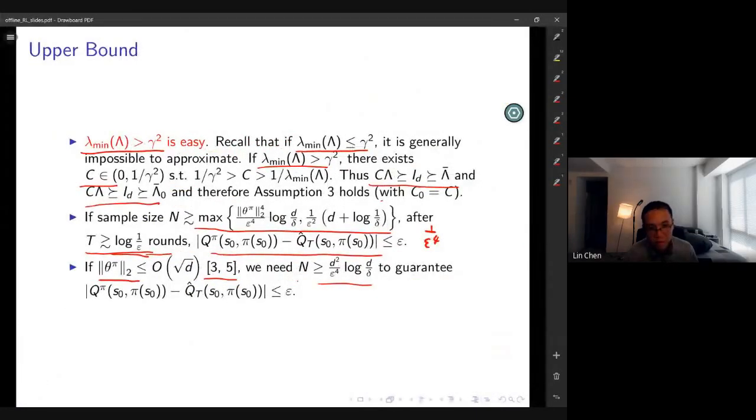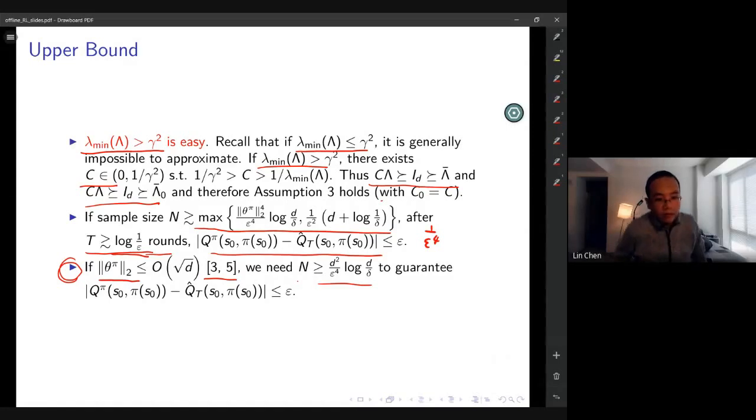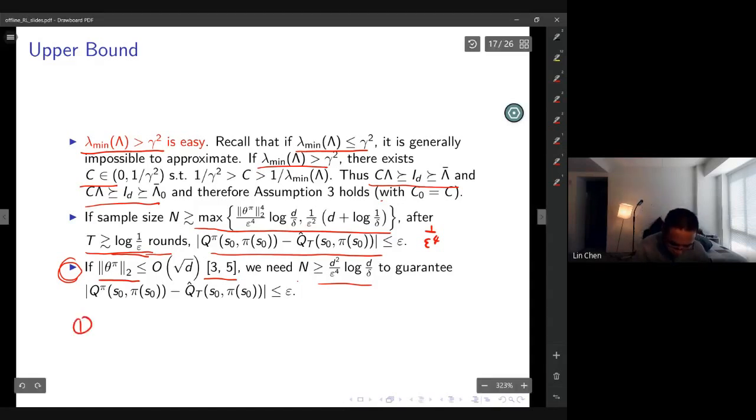So would you like me to give more justification of this assumption? Okay, so there are a couple of justifications for this assumption. There's one justification for the assumption in Kakade et al.